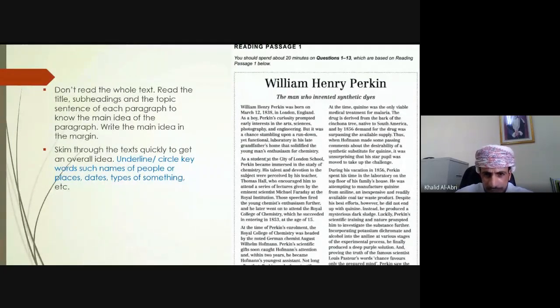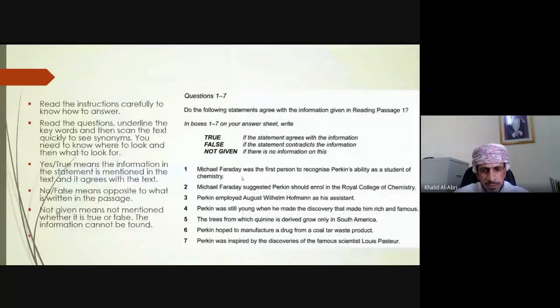So it is here actually. If we skim the second paragraph, as I discussed earlier, here we have a person, Michael Faraday. So we can find this in the second body paragraph. In this case, we need to go back to the statement.